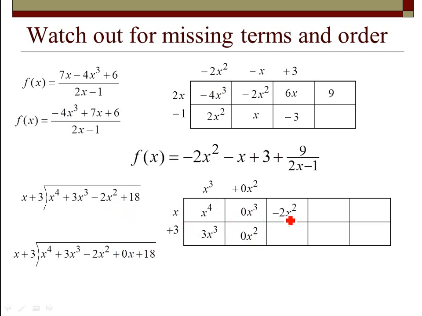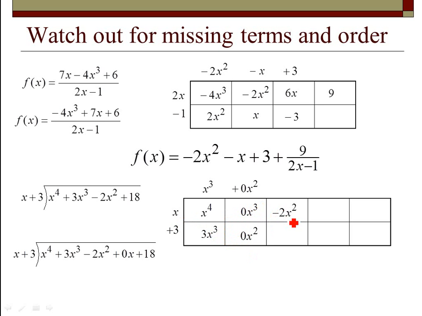Well, that makes this negative 2x squared. So even though this whole column right here is all zeros, we're keeping our terms lined up. See how they're lined up right here? If I skip this part, then I have negative 2x squared with the 3x cubed. They're not lining up. So you do want to keep that placeholder right here.